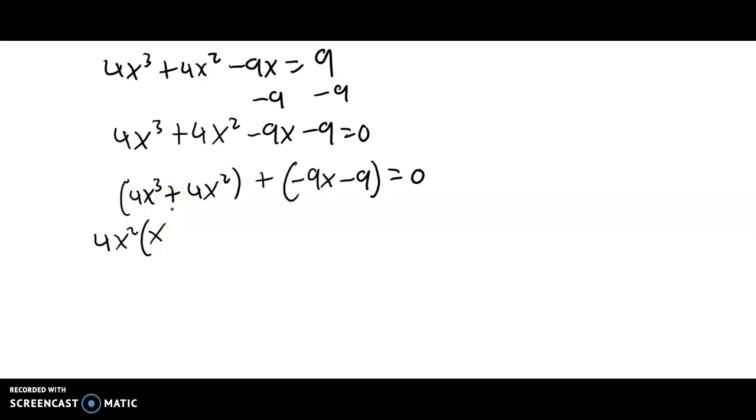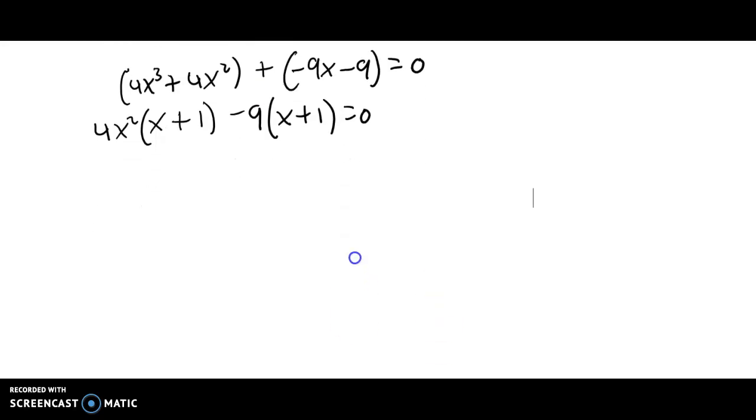We took everything out of the second term, so it's just x plus 1. Negative 9 and negative 9 share negative 9. So what's left? Positive x plus 1. Because if I go back and multiply this negative 9, I'm going to end up back at the step above, which is a good thing, which tells me I did it right.